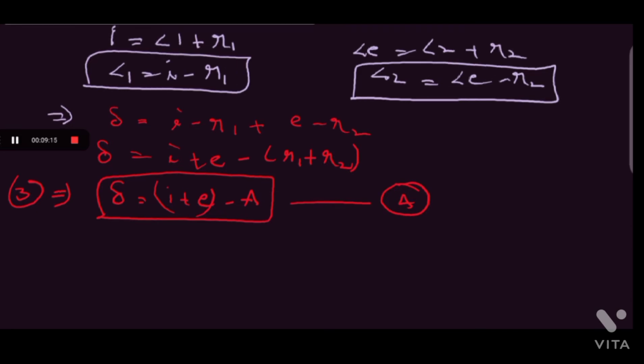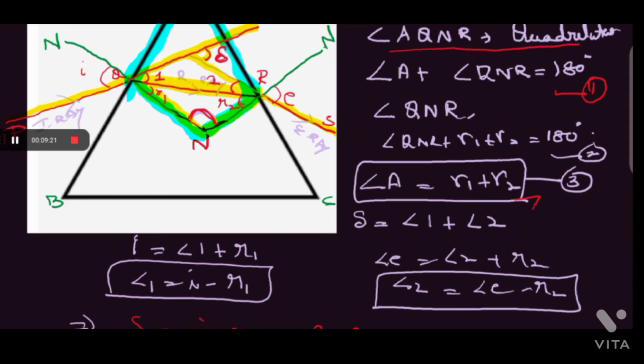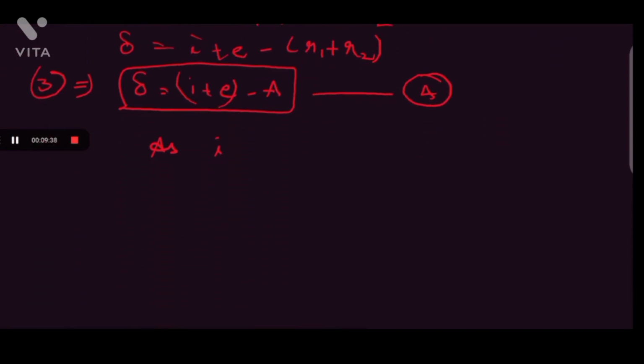Now the thing is, as angle I changes, we keep on increasing the angle of incidence. This is your angle of incidence, the incident ray, and I keep on increasing or decreasing the angle of incidence. If I keep on changing the angle of incidence, then the angle of deviation also varies. That is my conclusion.